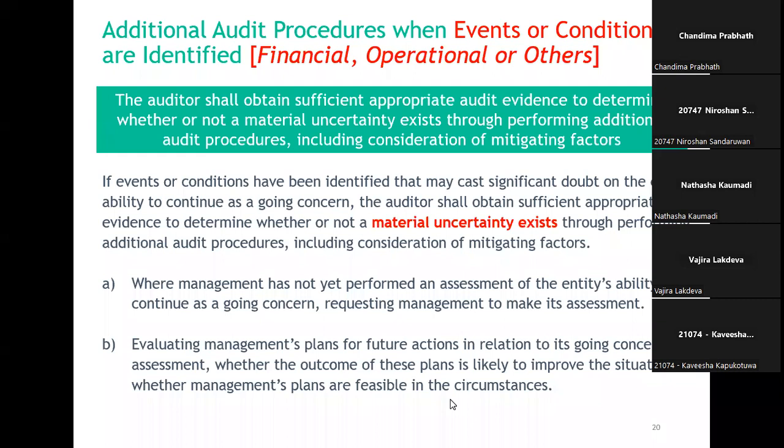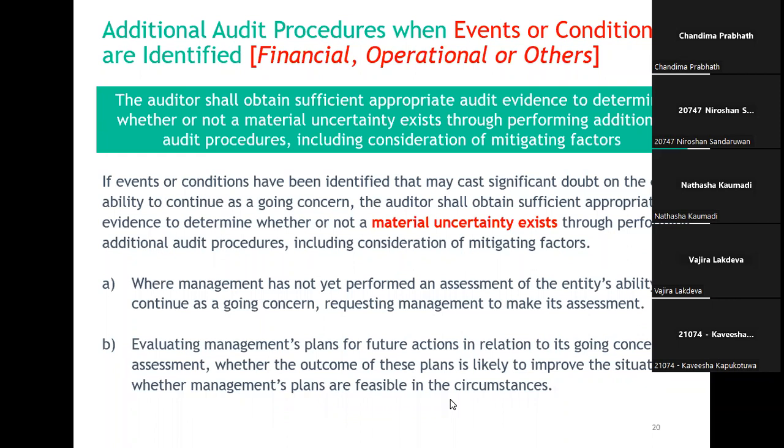If events or conditions have been identified that may cause significant doubt on the entity's ability to continue as a going concern, the auditor shall obtain sufficient appropriate audit evidence to determine whether or not a material uncertainty exists. I will explain what is material uncertainty, right? Through performing additional audit procedures, including consideration of mitigating factors.